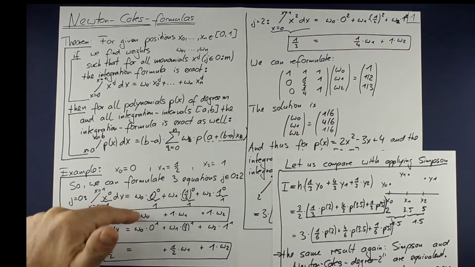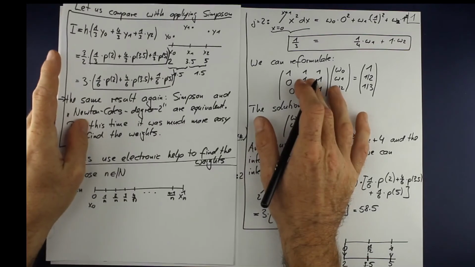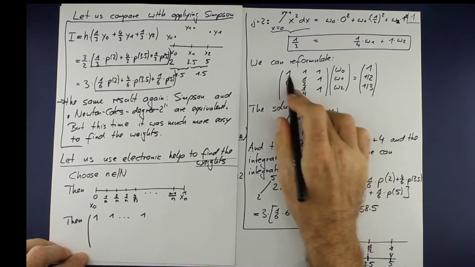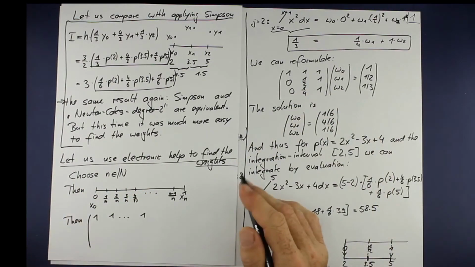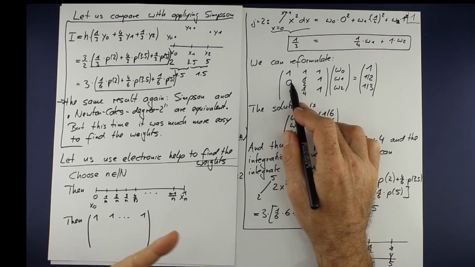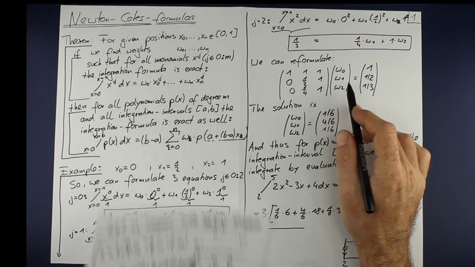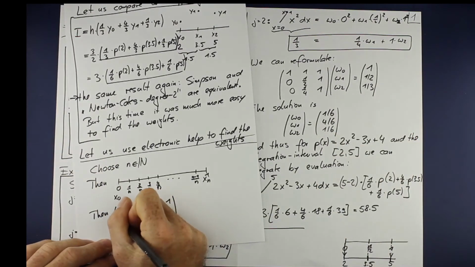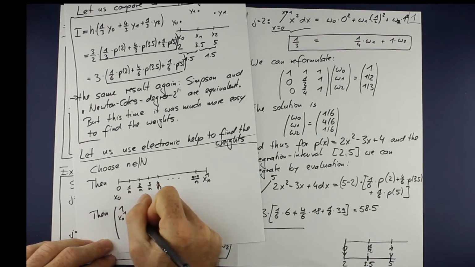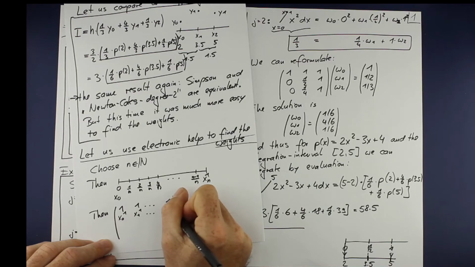And if you do that, then you will find out we can directly write here: the first line always consists only of ones. The second line, what is that? This is that structure. So we can write x0 to the first power, x1 to the first power, and xn to the first power.